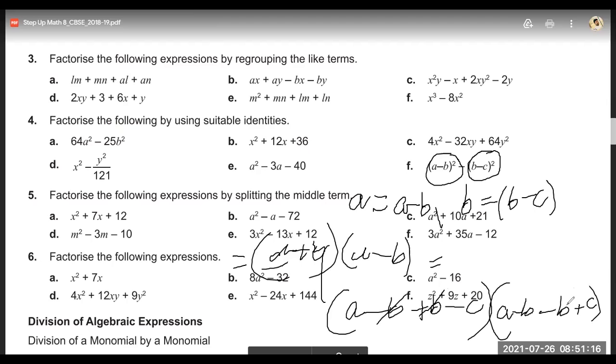Again here a minus b plus b minus b cancel. A plus c is left. So here a minus c and a plus c. So this is the product of the given polynomial a minus b whole square minus b minus c whole square. So this way you can solve till question number 4.